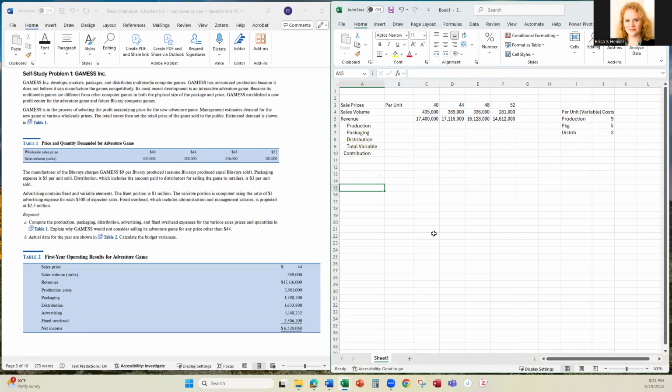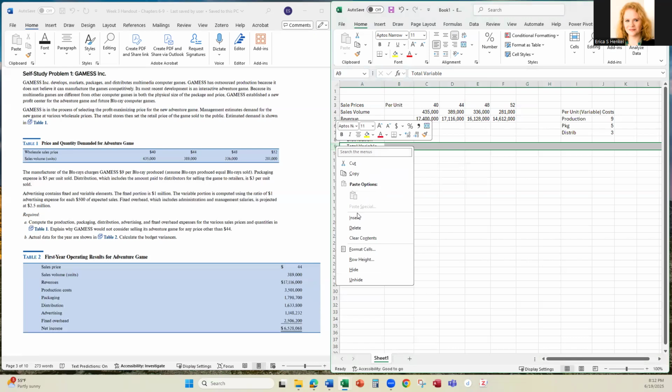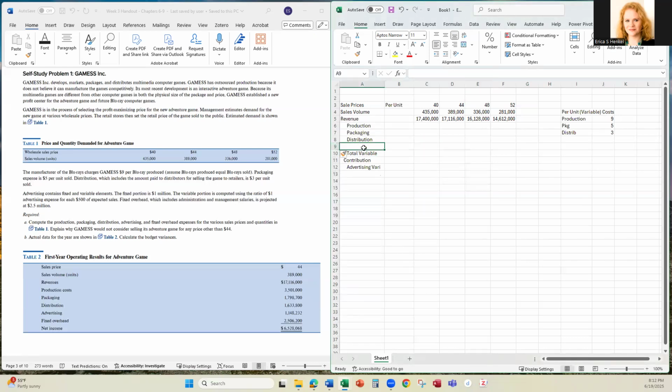So advertising has fixed and variable elements. So let's add that up here. And fixed.